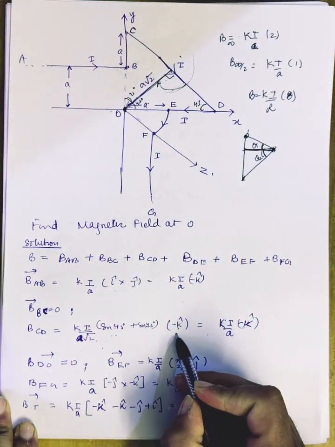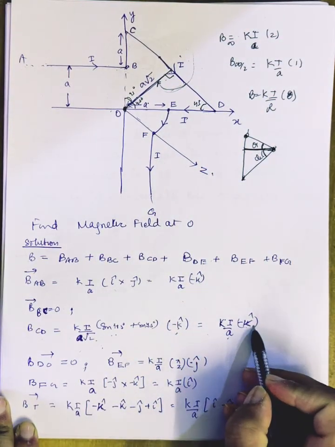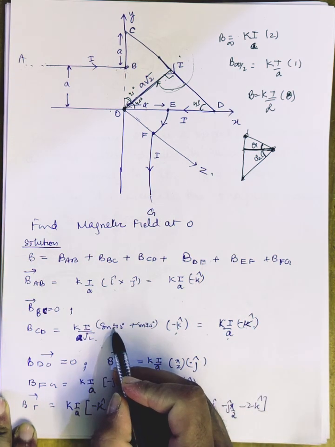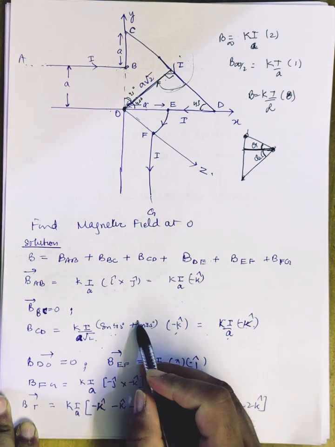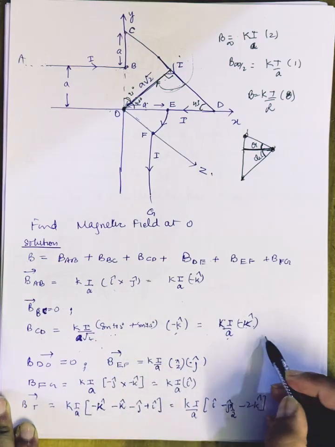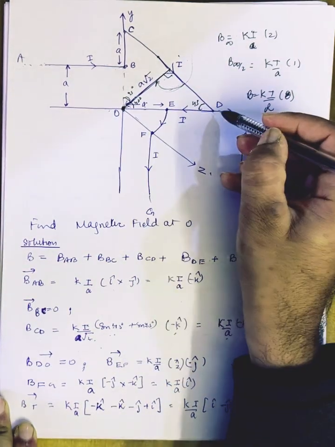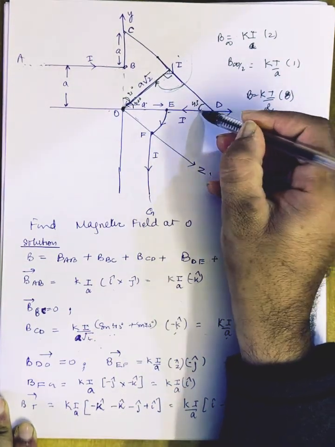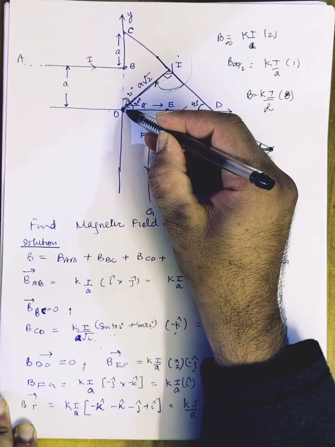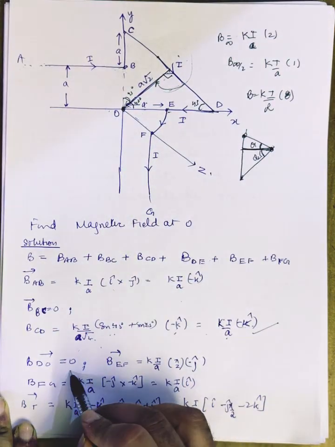So I've taken minus k. The answer is Ki by A times minus k cap. This becomes 1 by root 2 plus 1 by root 2, that is root 2. Root 2 divided by root 2 is 1. So we got this also. Then we go to DE. Again, this wire goes through O if extended, so we will not take a magnetic field for it.